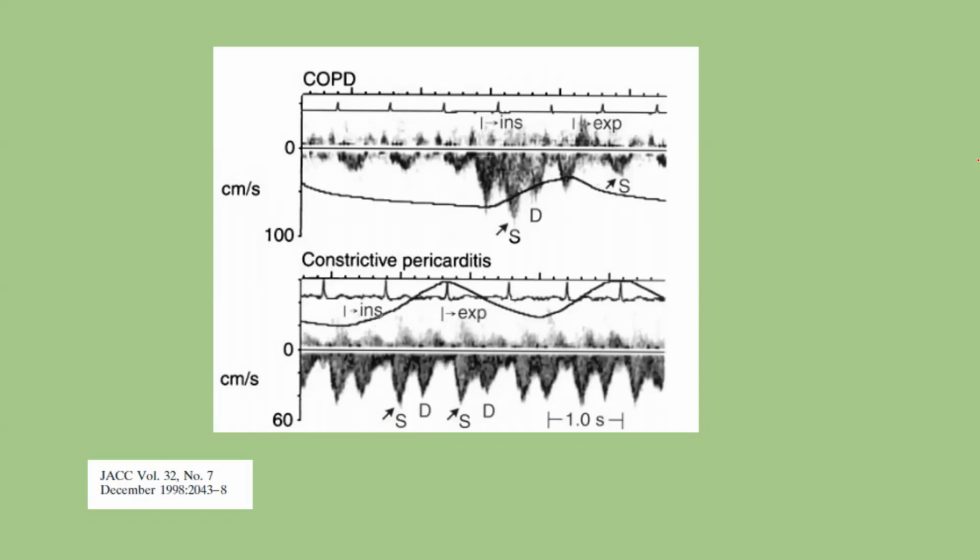No. Really? Yeah, we have. In COPD, do we have respiratory variation across the mitral and tricuspid valves that is supraphysiological? Yes. So in so many ways, COPD looks alike constriction.